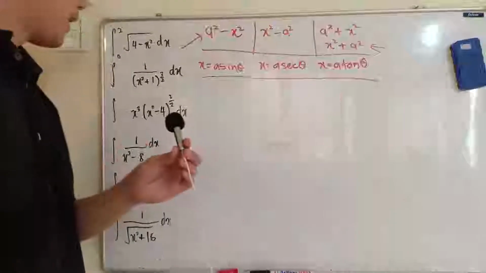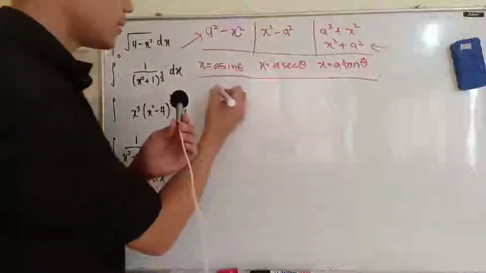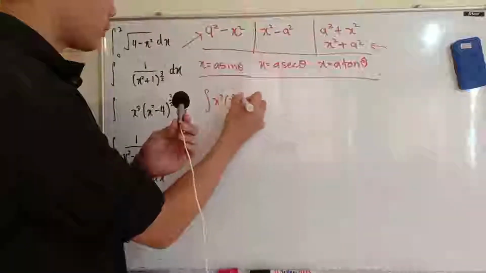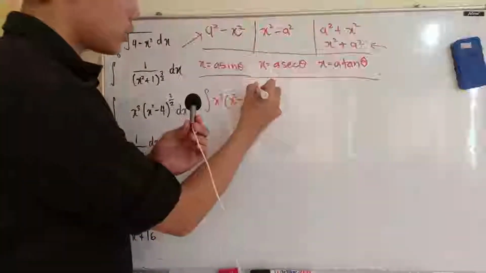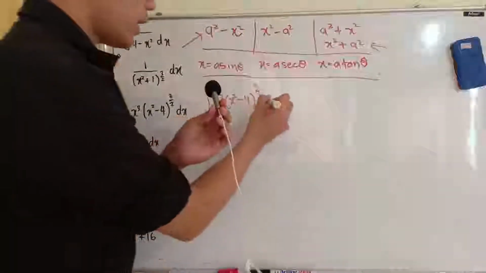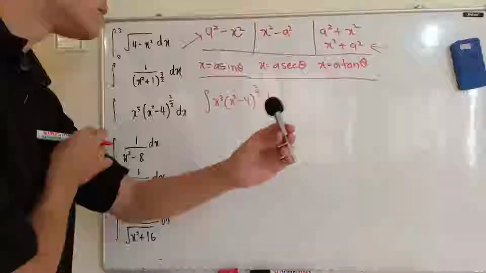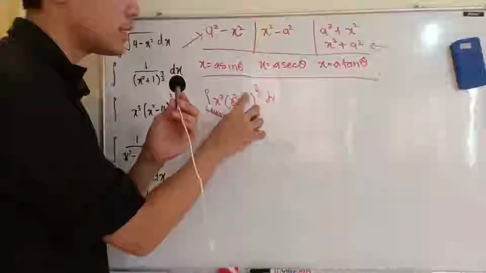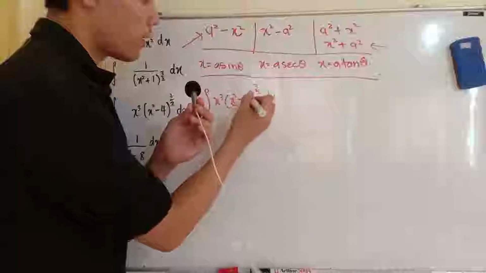Okay, and now our third question, which is you need to integrate s cubed over s square minus 4, to the power 3 over 2, dx. So now you have your s square, your 4 is actually 2 square.